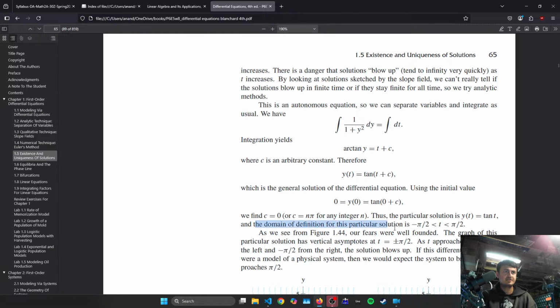And the domain of definition, that's kind of an interesting point.